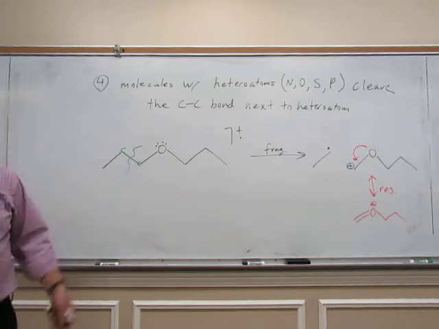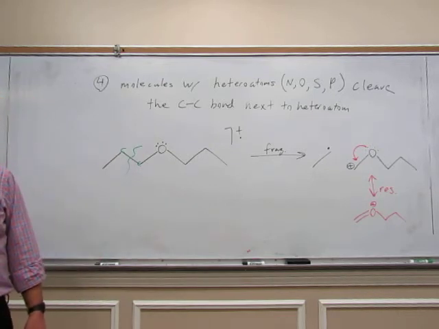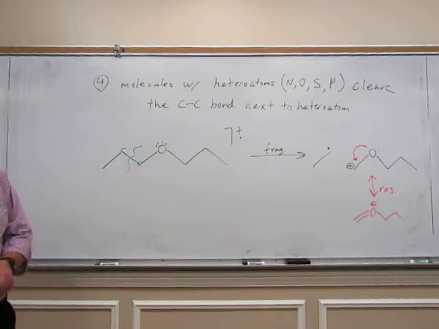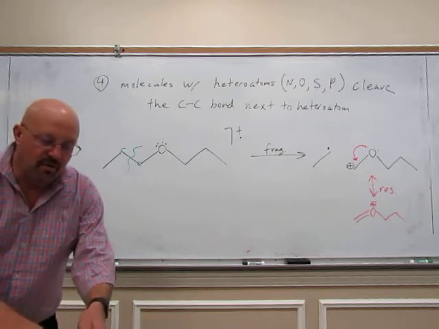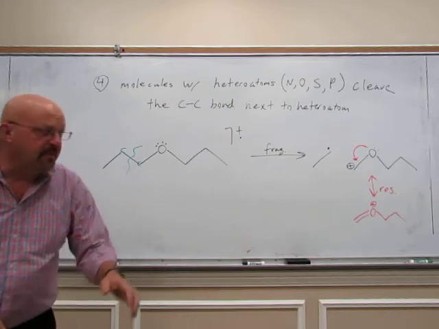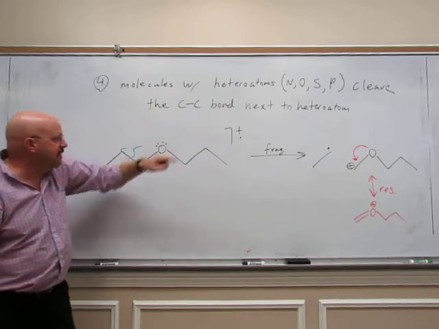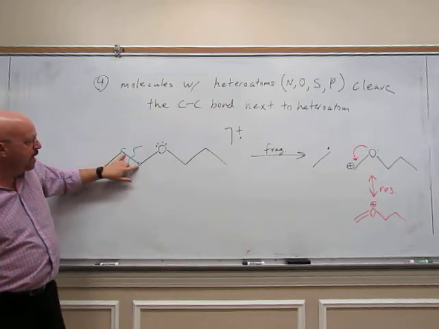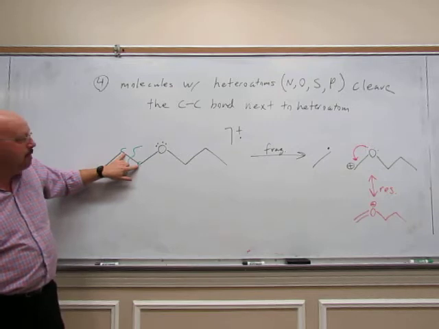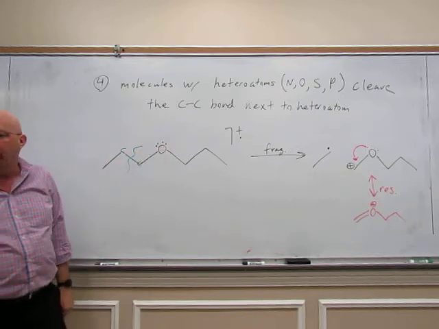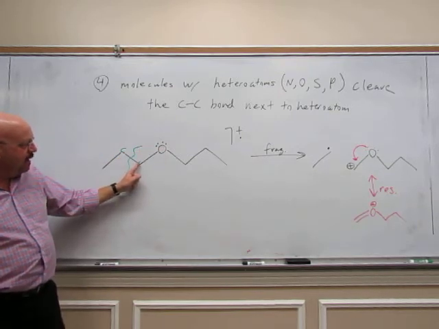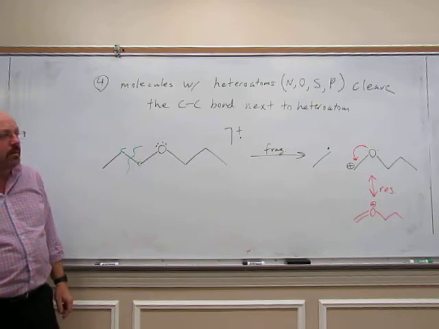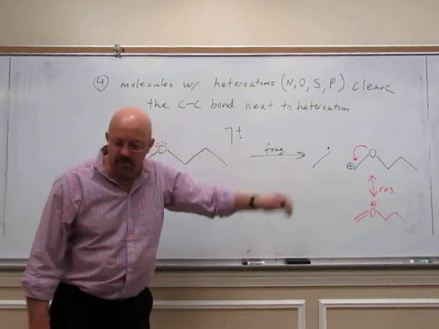And although it's primary, it's going to be just as stable as a secondary because it's got that resonance. So with the heteroatoms, if you have any of those heteroatoms, because they have lone pairs, you want to break the carbon-carbon bond that is the closest to that heteroatom so that that cation can be on the carbon next to the heteroatom. That gives me the resonance.